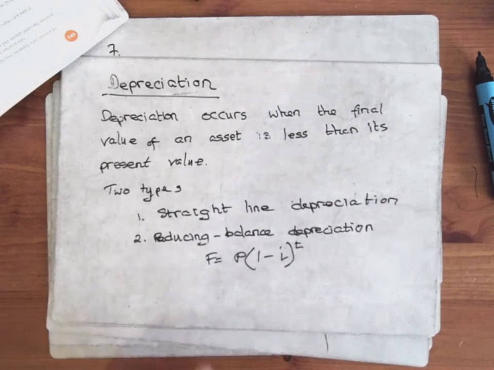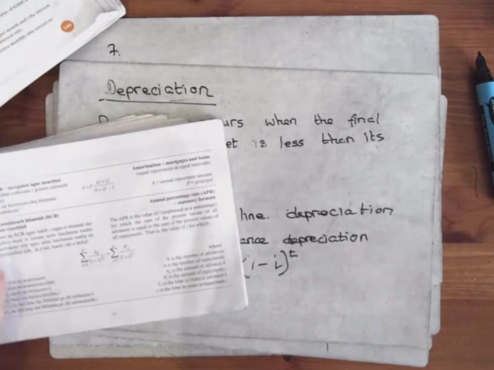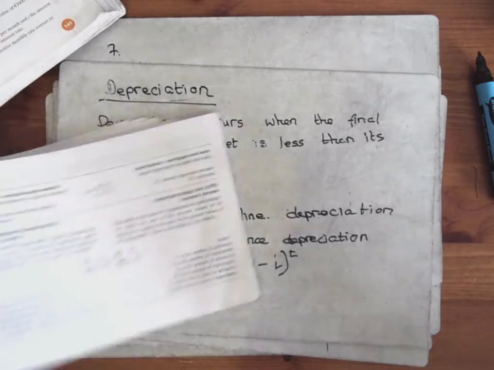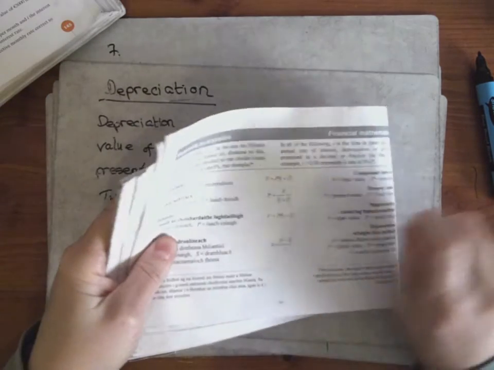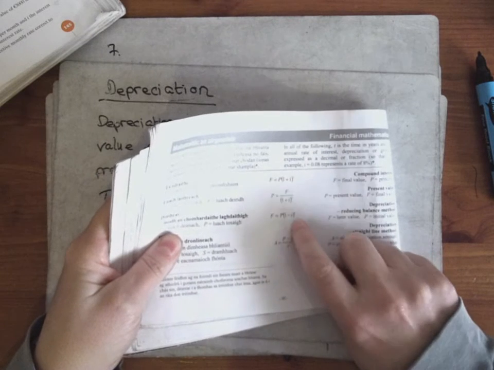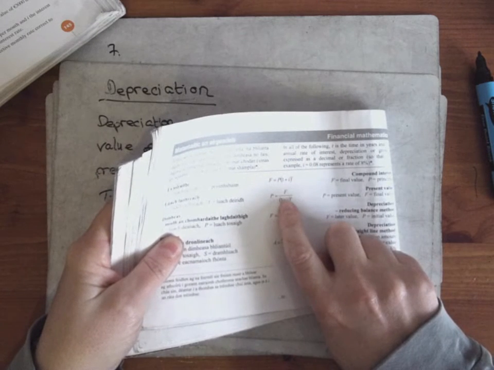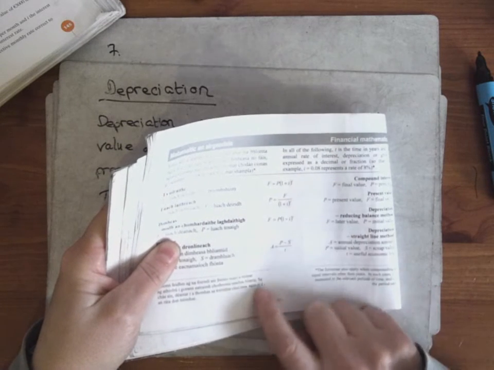Right, so this is your important thing, and just so you know, financial maths formulas are on page 30 of the log tables, okay? And the compound interest one is first, the compound interest one moved around is second, and the depreciation one is third, right?